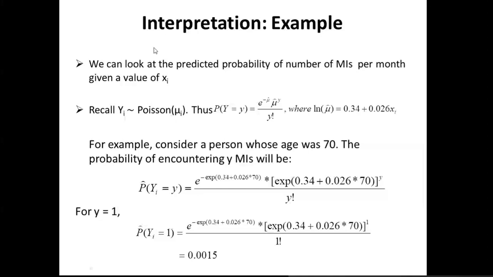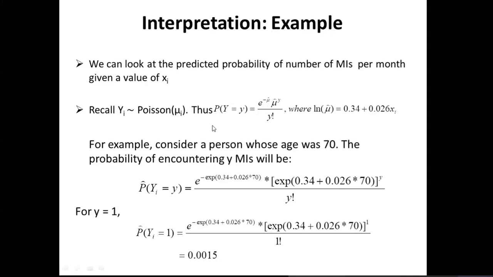We can look at the predicted probabilities of number of MIs per month given a value of xi. For example, let us assume that the number of myocardial infarctions are distributed Poisson with mean mu.